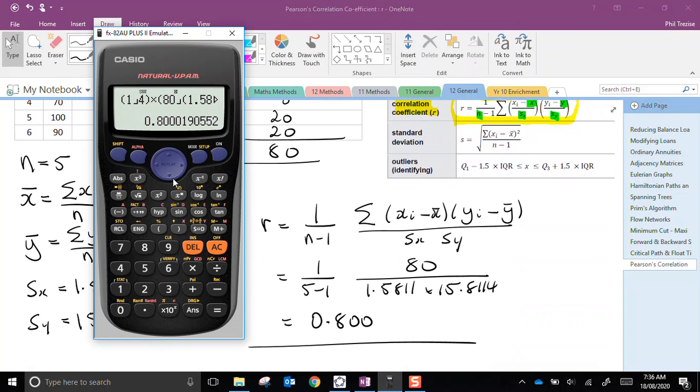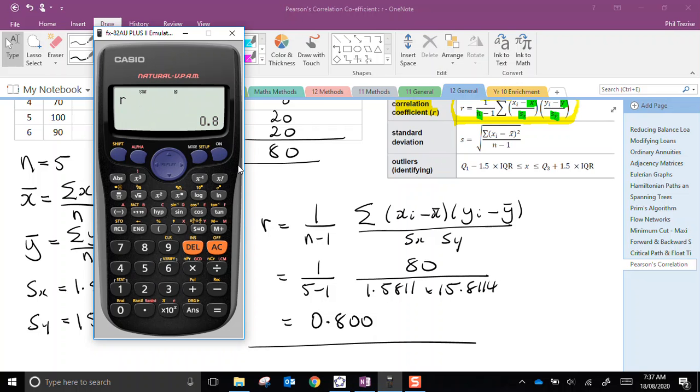The alternative, if you didn't need to justify, if it was a 1-mark question and you only needed to give the answer, then you would have done the same as I did. You would have entered the x and the y's into here, and then under the stats menu, under regression, you would go straight to option 3 and look at that.